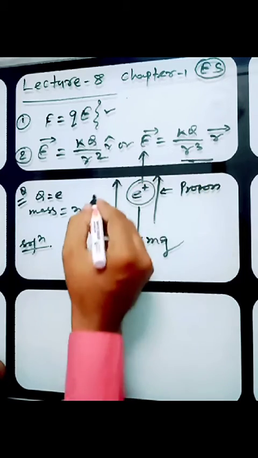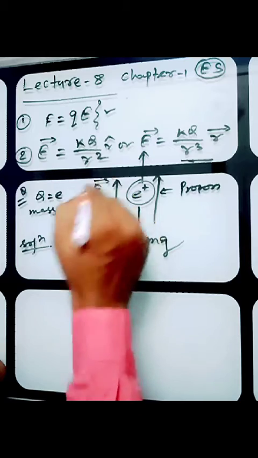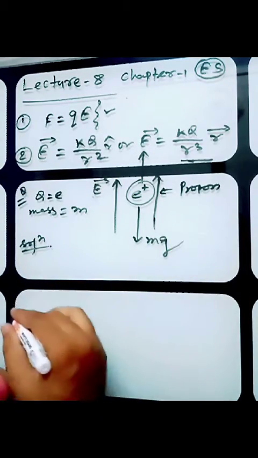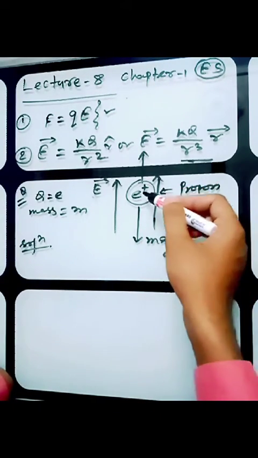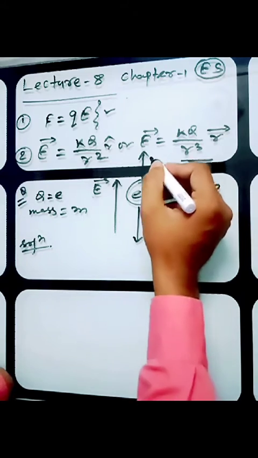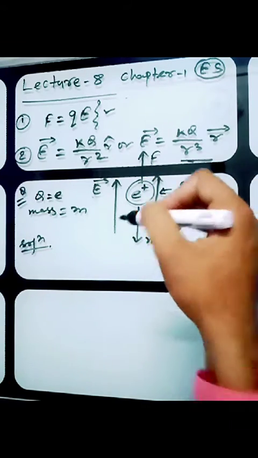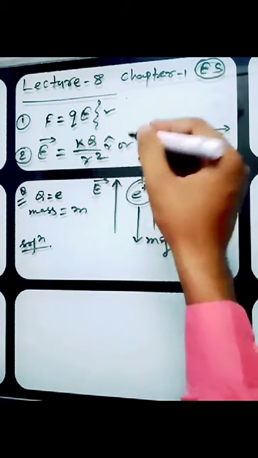Are you getting, students? Direction of electric field will be upward. Now here no more forces are acting, only the electrostatic force and another force due to gravity. So this force due to gravity will be balanced by this electrostatic force.